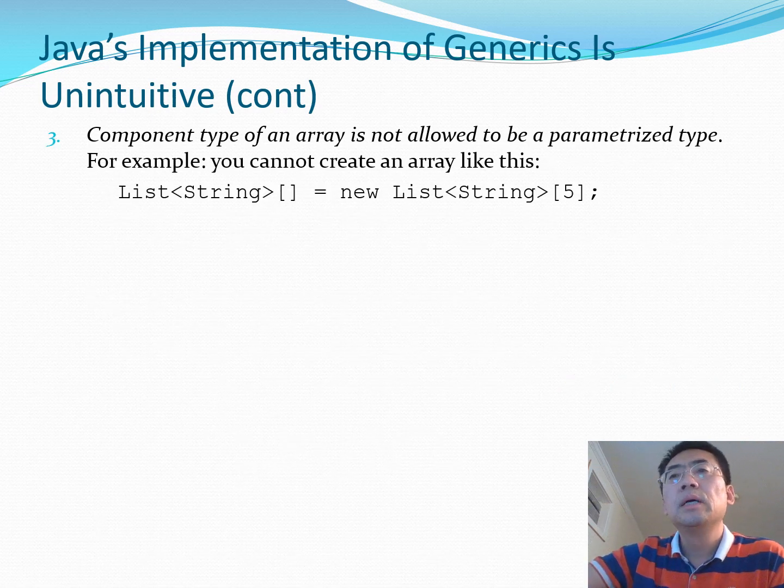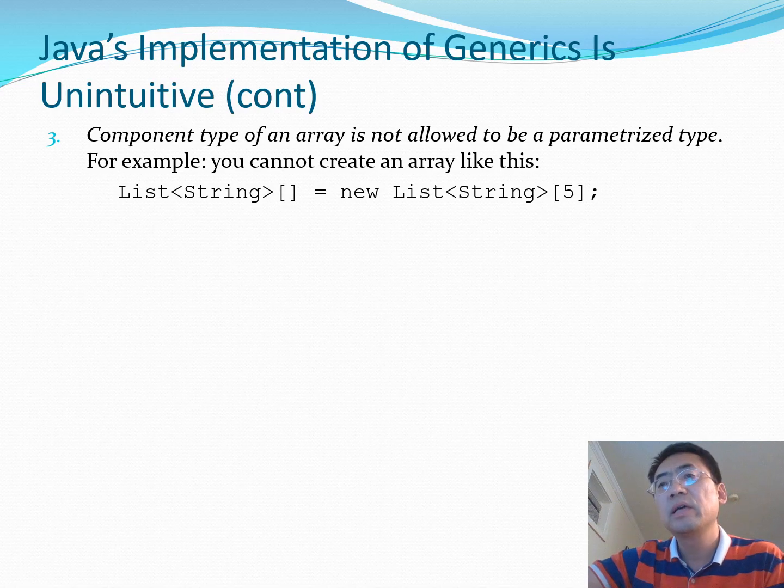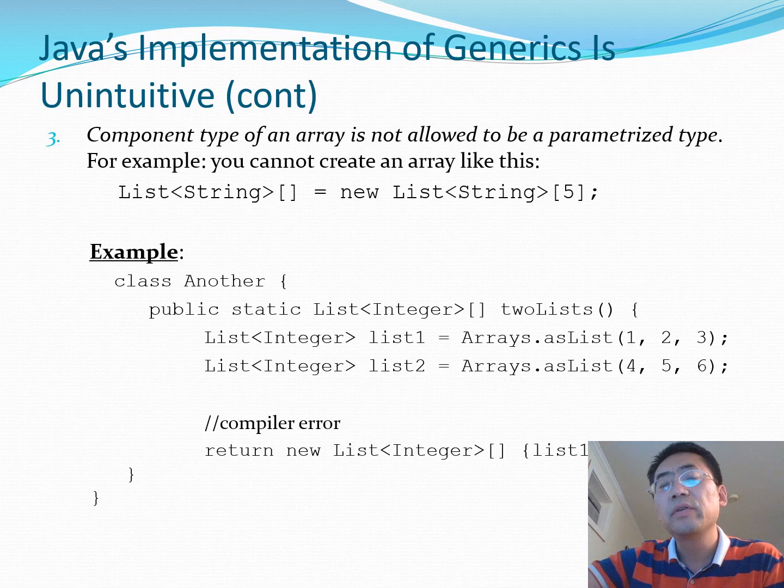Another one: the component type of an array is not allowed to be a parameterized type. If you have a list of strings, and you want an array to have items of this type, list of string, then when you say List<String>[] array equals new List<String>[5], what do you get?